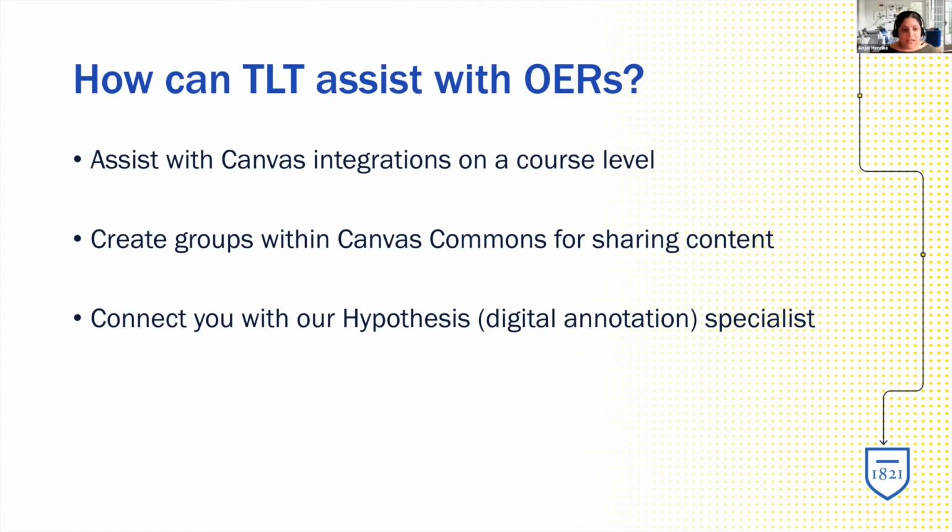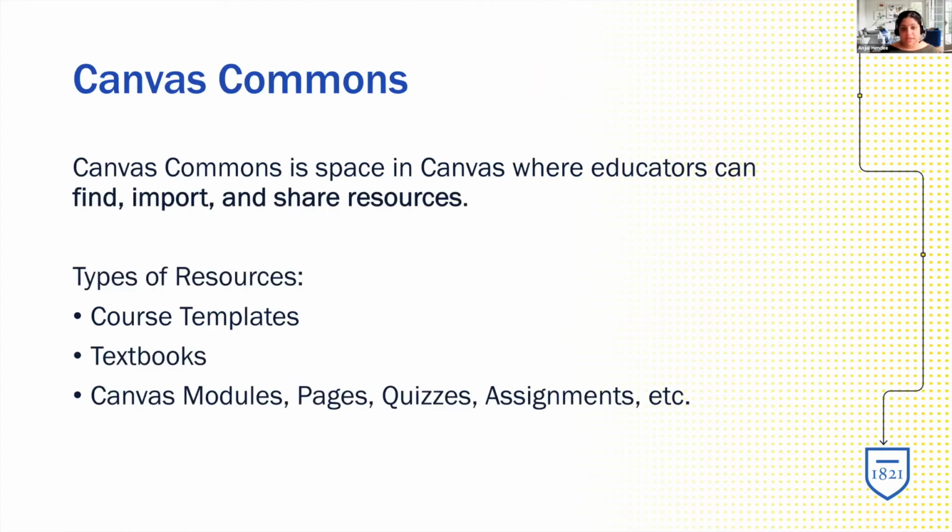So let's go ahead and talk about Canvas Commons. We've talked a lot about Creative Commons and the ability to have OERs in that space. Canvas has their own Commons, which is a space within Canvas where educators can find, import, and share resources.